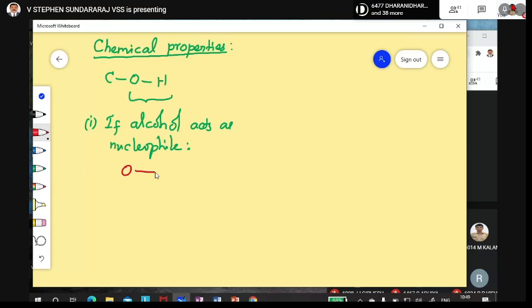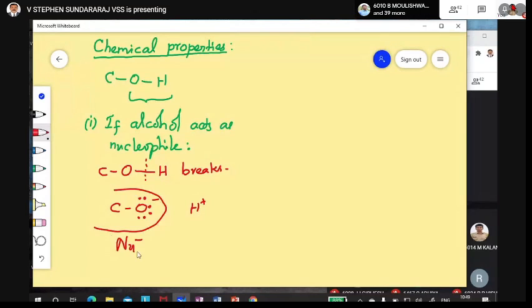The O-H bond breaks. Because once the O-H bond is breaking, here that is R, that is C-O-H, if this is breaking, then only you will get C-O. Here, a one minus charge will come, and H plus will go. So now this can act as a nucleophile.